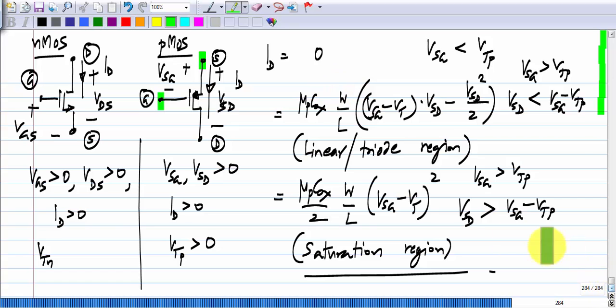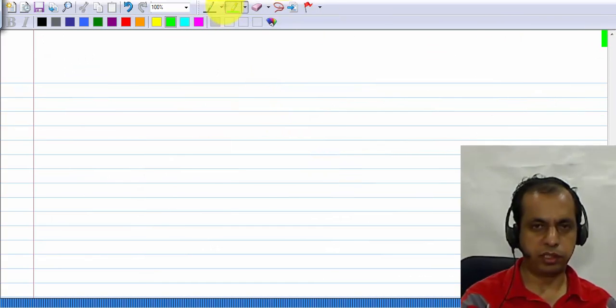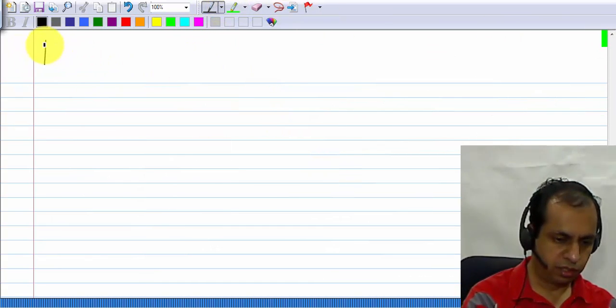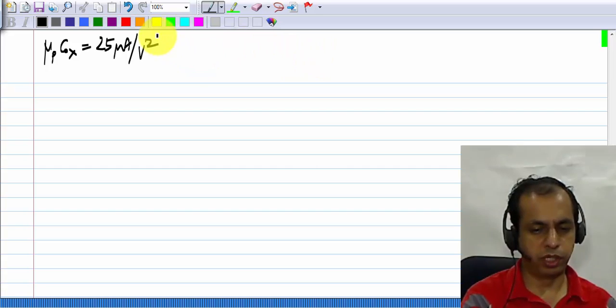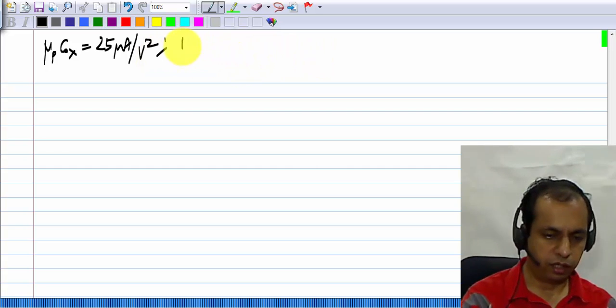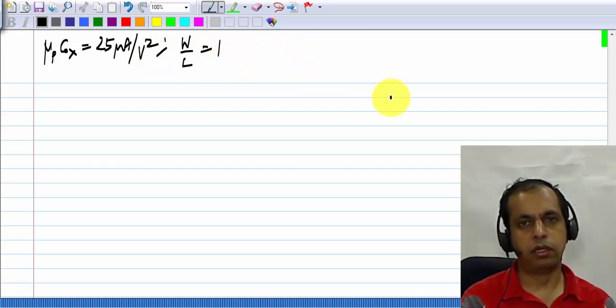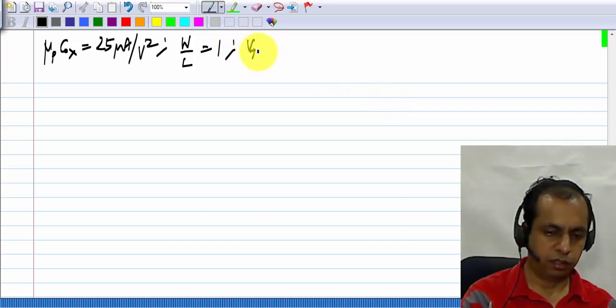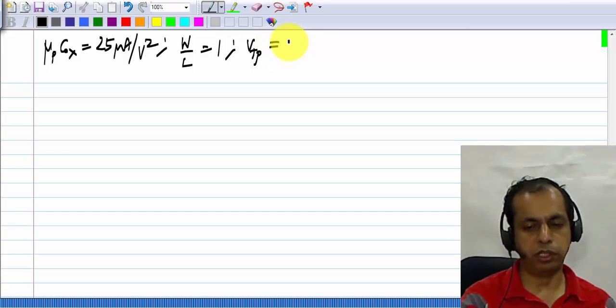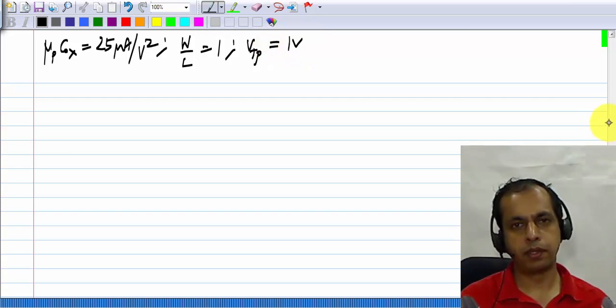So if you draw the characteristics of the PMOS transistor, they will look similar to the NMOS transistor. Let me take some typical parameters. Let me say mu p Cox is 25 microampere per volt square, and W by L equals 1. And I'll take the PMOS threshold voltage VTP to be 1 volt as well.